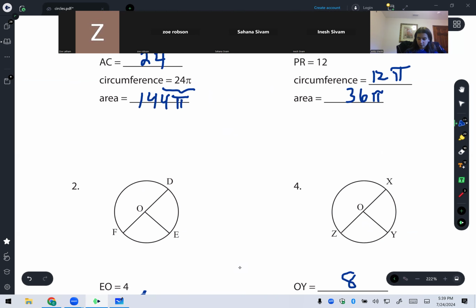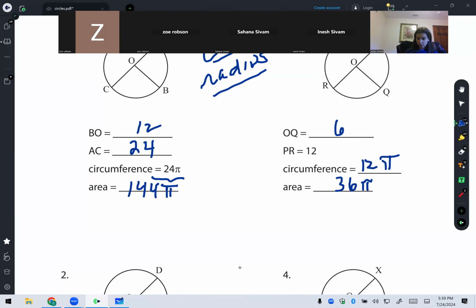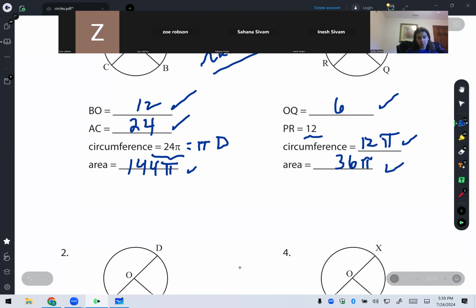Okay, let's go through this. If they give us the circumference, that's pi d. The diameter is going to be 24, the radius 12, and the area will be 144 pi. To jump over to 3, if the diameter is 12, the radius is 6, circumference 12 pi, area 36 pi.